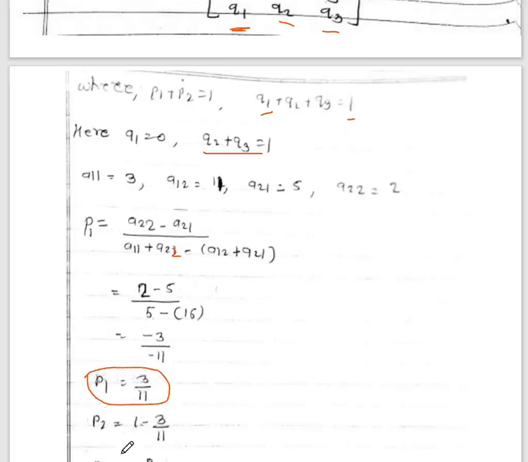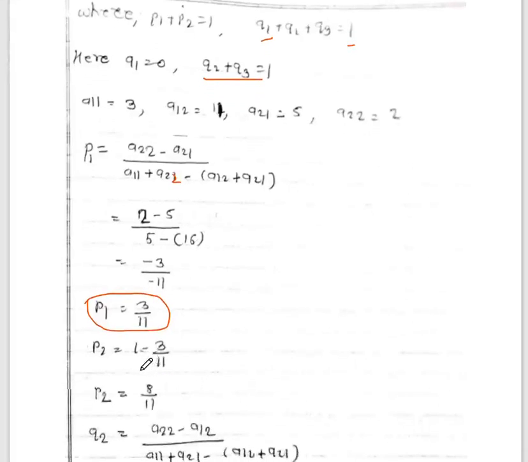Then we will find out P2. P2 means 1 minus P1. So 1 minus 3 by 11. So you will get P2 is 8 upon 11.